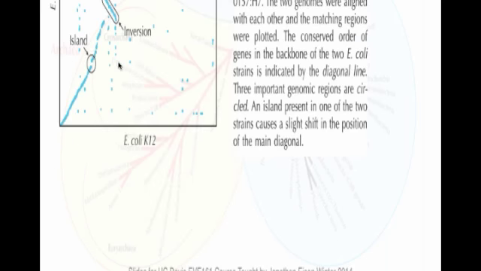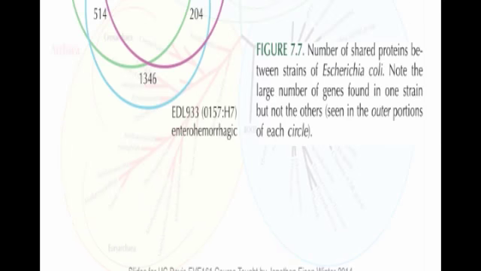And if you do this with E. coli K12 versus O157H7, so that was this genome and this genome. They share these 3,000 genes across all of them, but if you add them up, they share about 3,500 genes with each other. But O157H7 has something like 1,500 genes not in the other one.